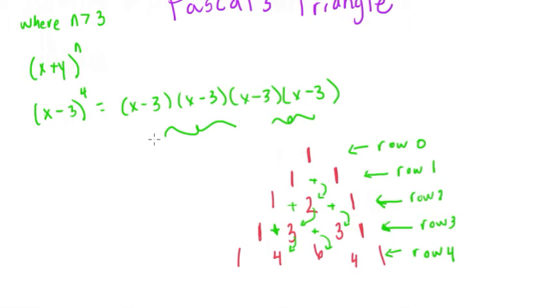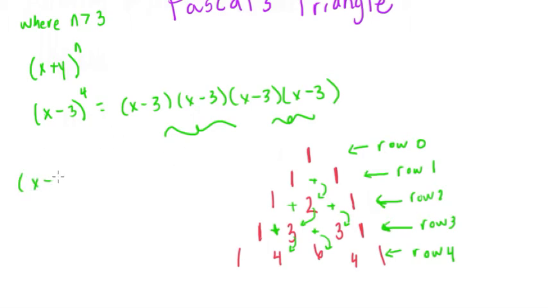Just an introduction to see how it looks, to get comfortable with Pascal's triangle before we start to expand binomials with it. Now, let me go ahead and just show you something real quick.